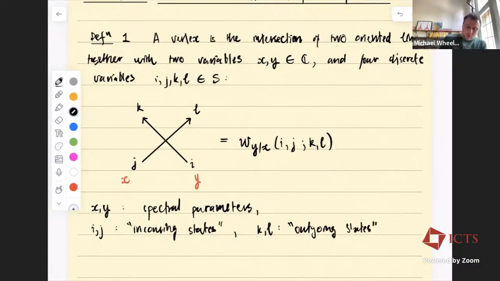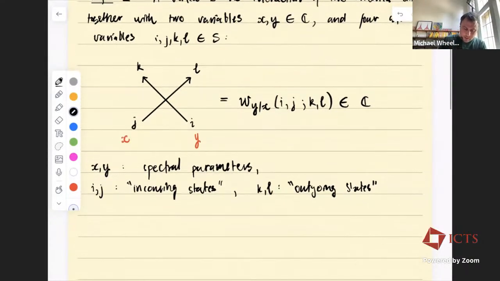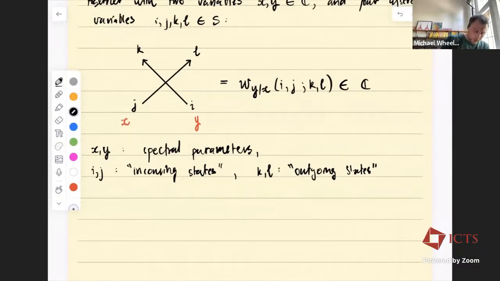Okay, and you should think of this weight function as basically being a map from such a picture to an element of the complex plane. So this is typically going to be some complex valued function. But because we want to make some connections with probability theory, it turns out to be convenient in many instances to assume the following.